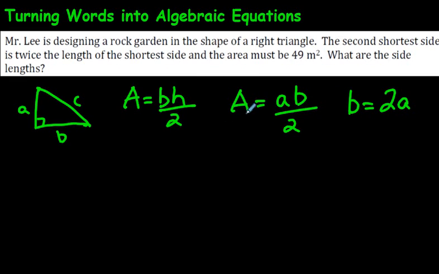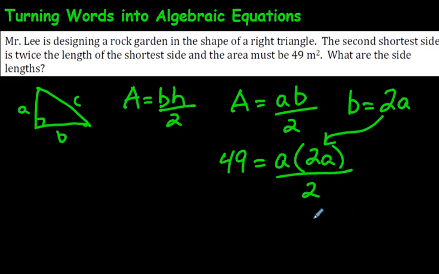So the area is 49 meters squared. Okay. And on top here we have A times 2A. I'm just writing that instead of B. Over 2. Okay, so 49 is equal to 2 divided by 2 is 1.